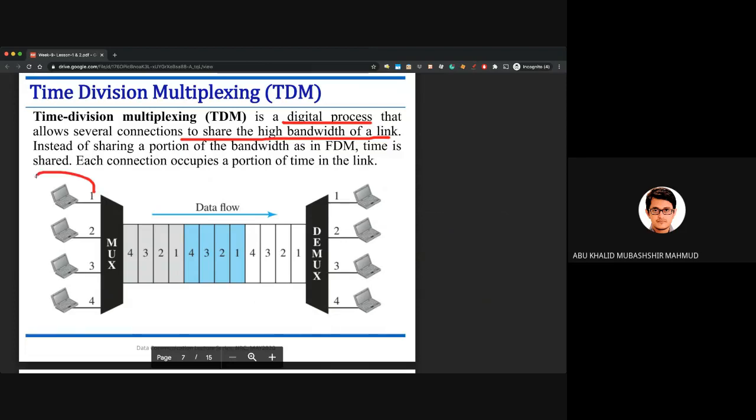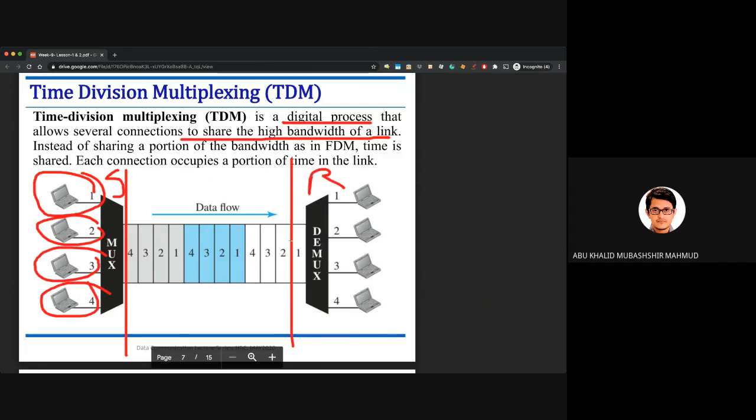At first we have four input channels on the sender side. This is the sender side and this is the receiver side as usual.